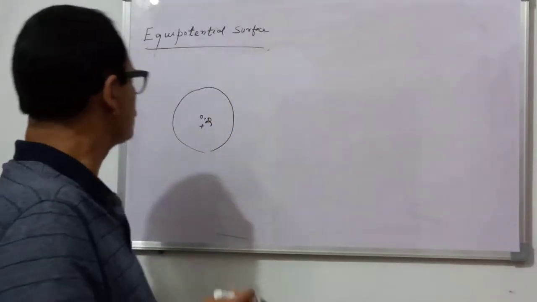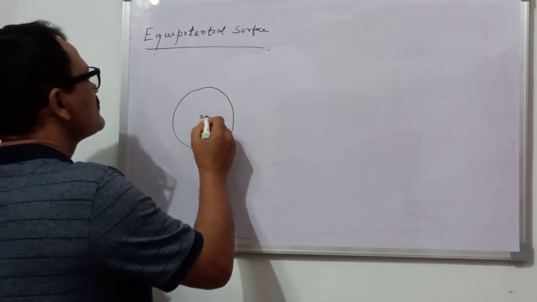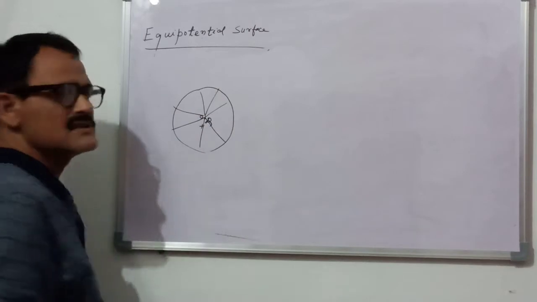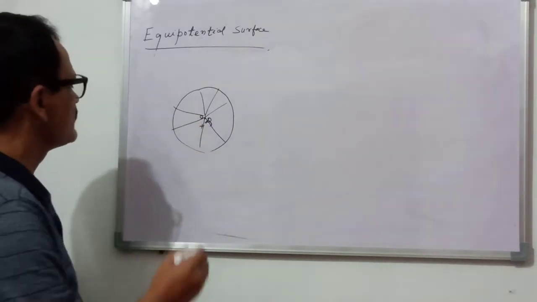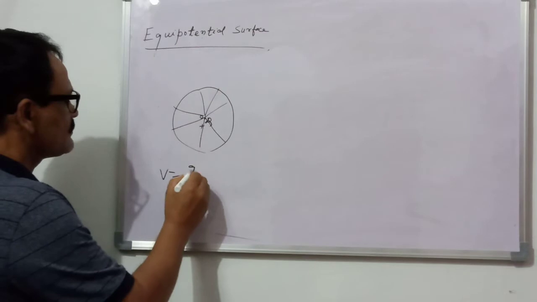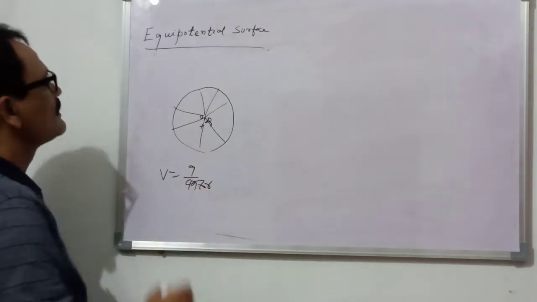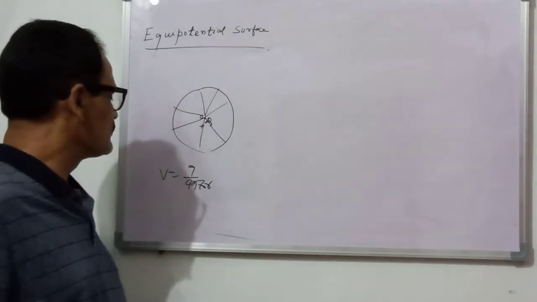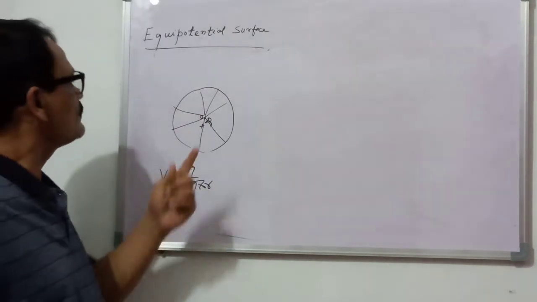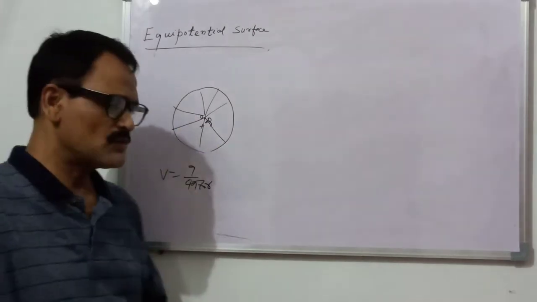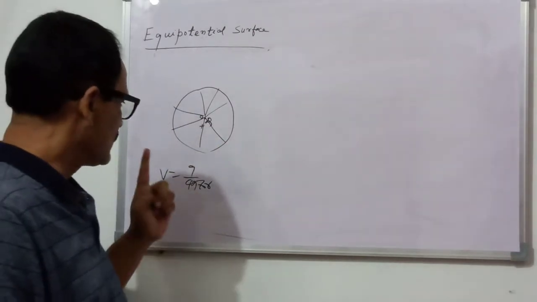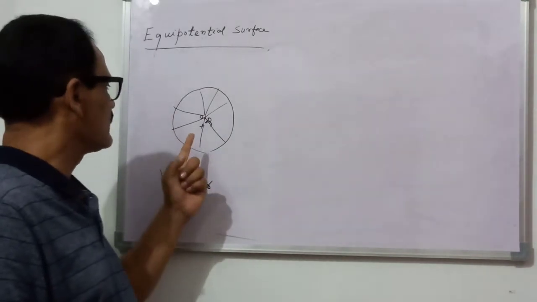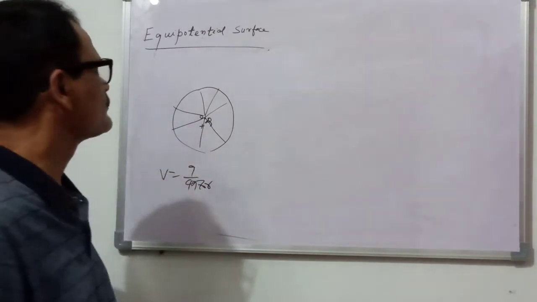For the surface of the sphere, all the points are equidistant from this point charge, and hence V is equal to Q divided by 4 pi epsilon naught R. So the potential of all the points of the sphere is the same, and this surface of the sphere is known as the equipotential surface, for which at the center the positive charge is present.